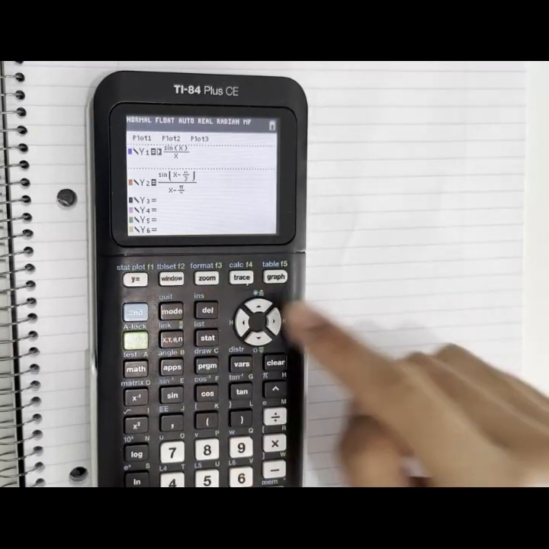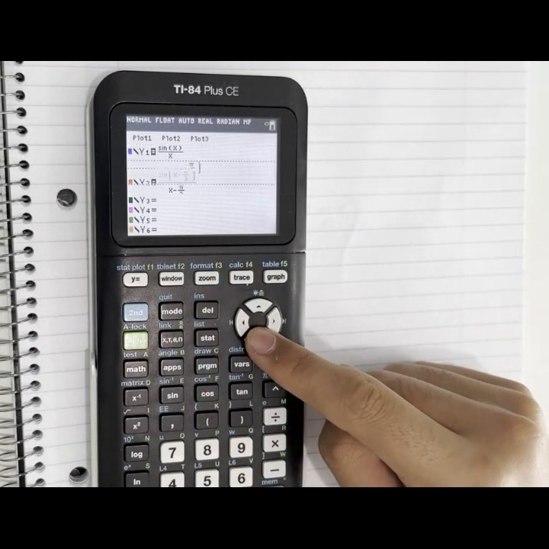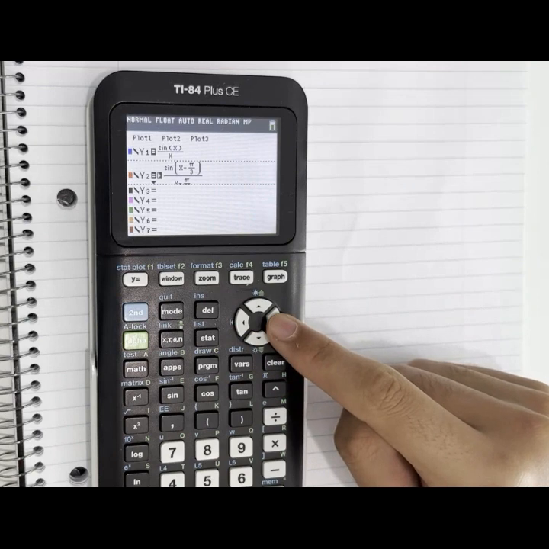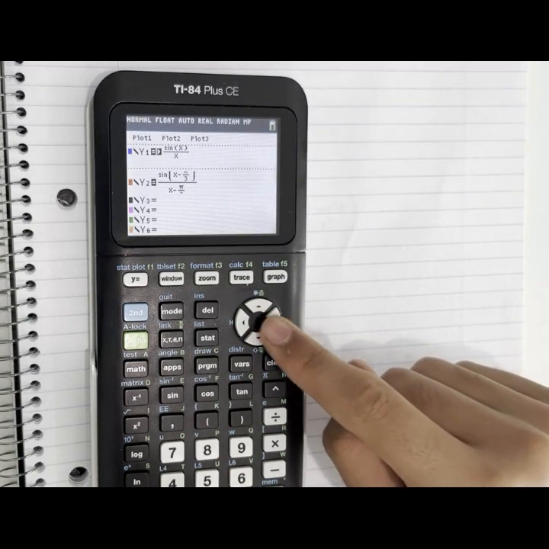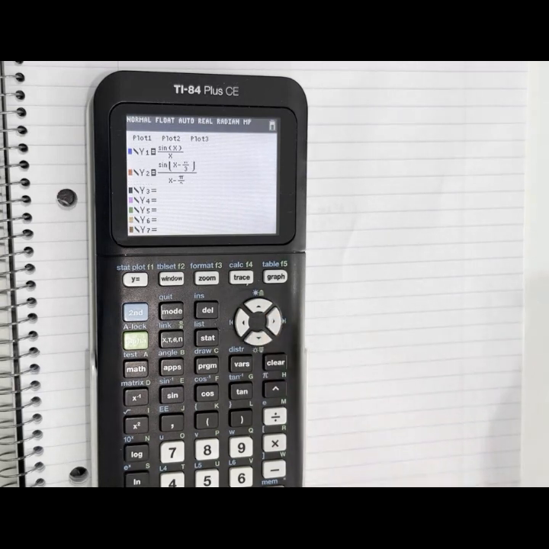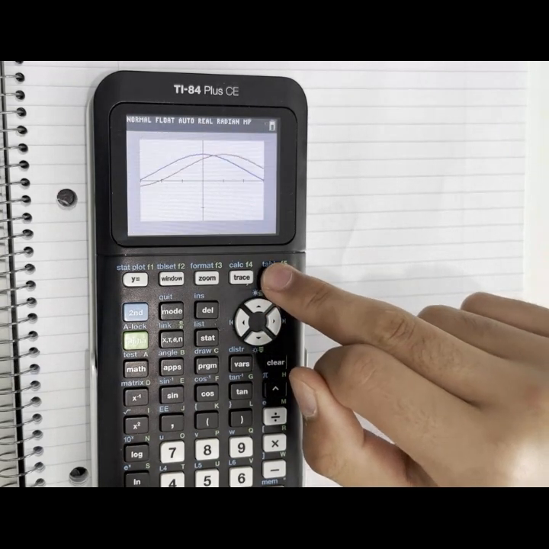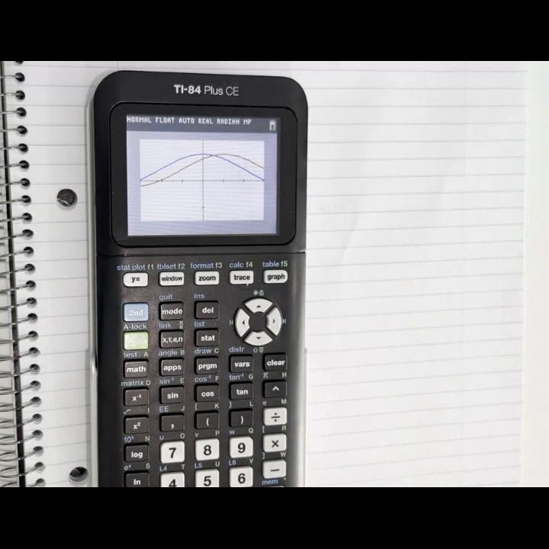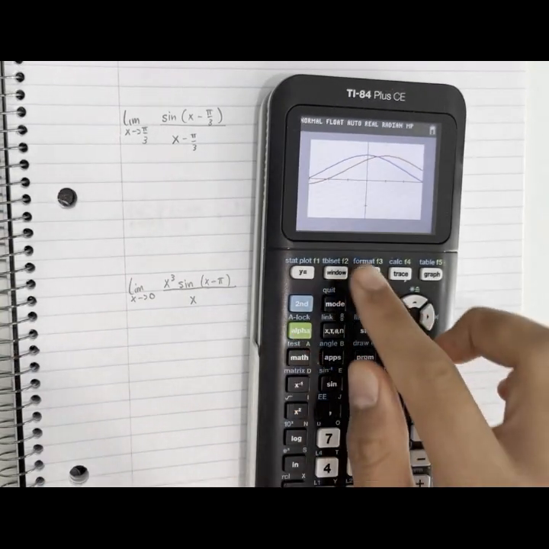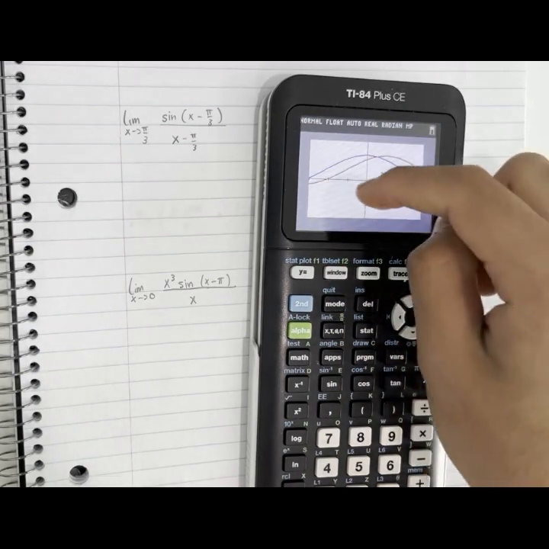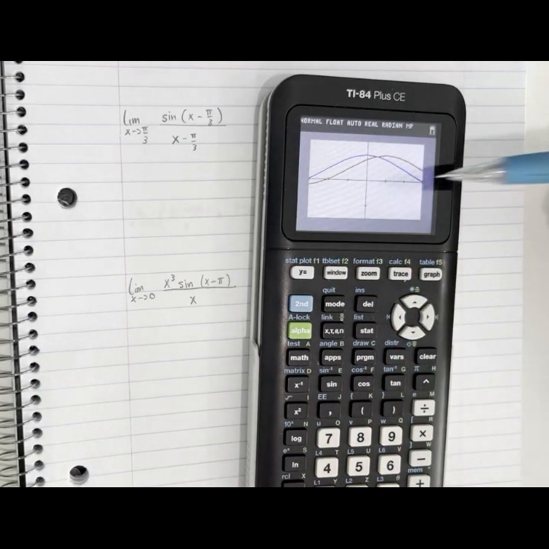So if you'll notice, I have sine x over x and sine of x minus pi over 3 over x minus pi over 3 graphed. So this is what they look like around x equals 0, and x equals pi over 3 should be somewhere around here.